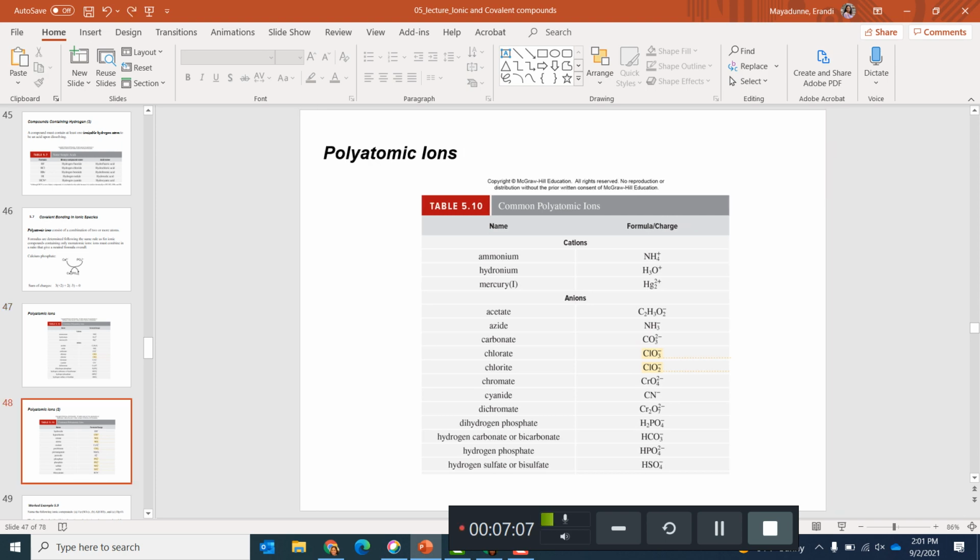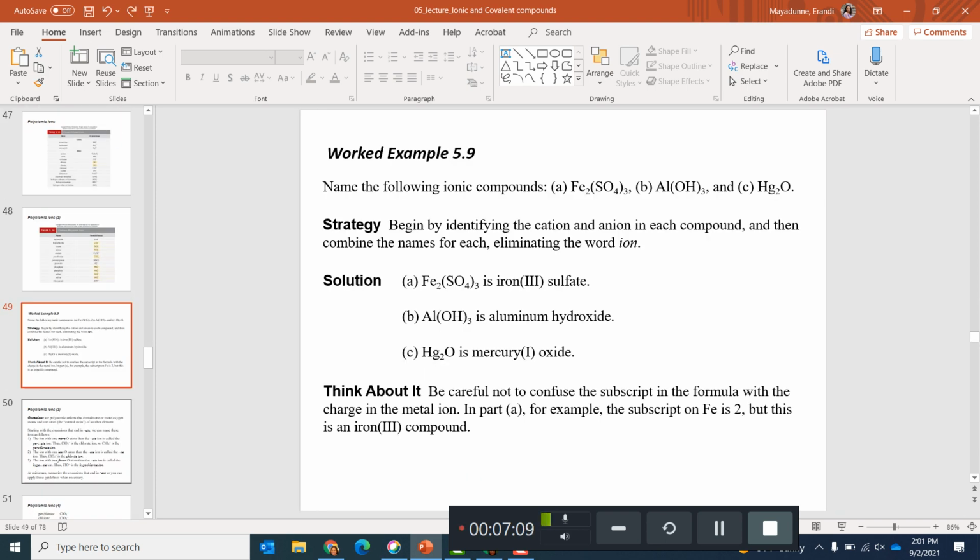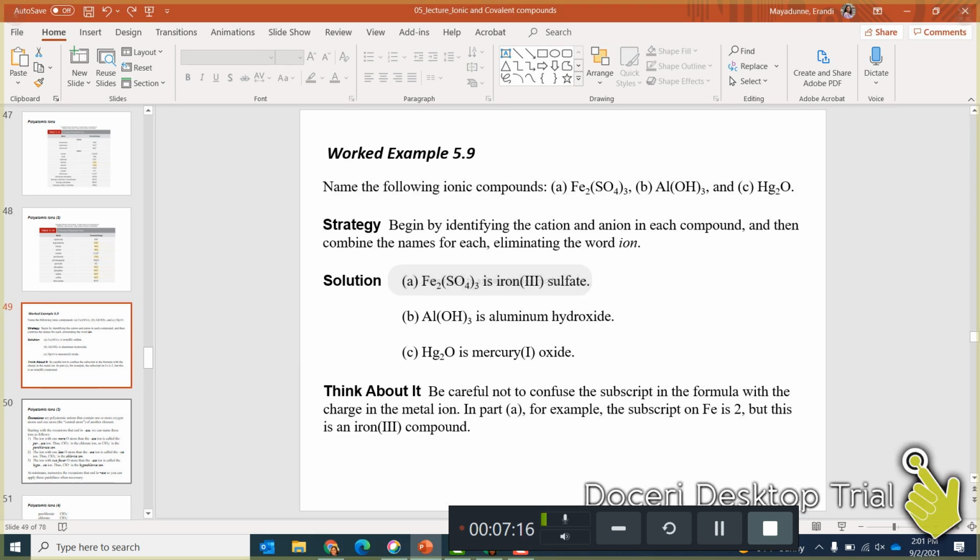Okay, and then I have some work examples. Name the compounds. Let's see, how do you name the following compounds: FeSO3. So now it's Fe. When Fe comes into the picture, that is a cation that forms more than one type of ion. How do I know the charge of the ion from the other compound? So the charge of that particular ion goes here.